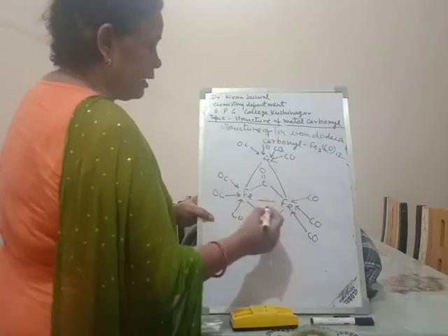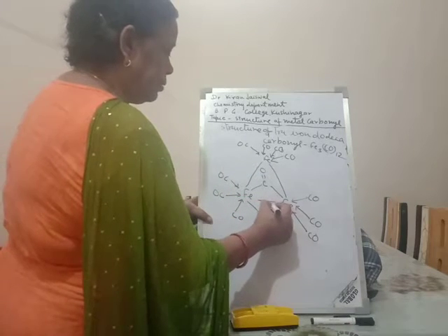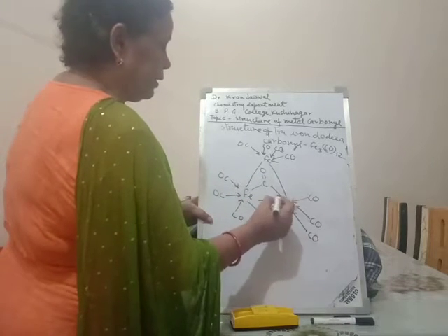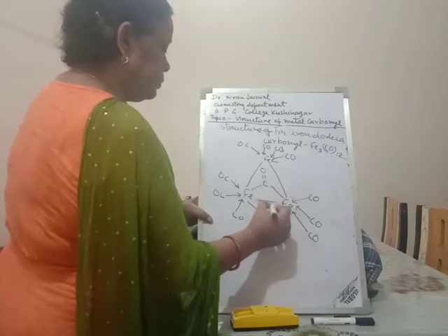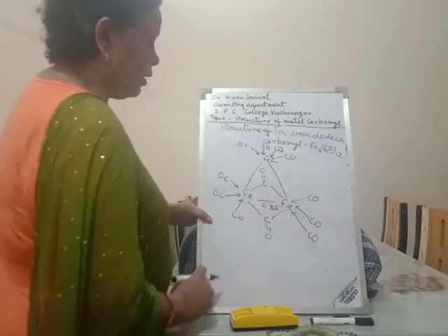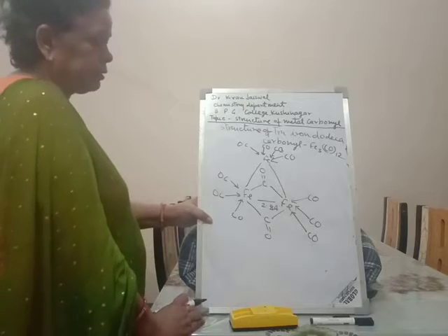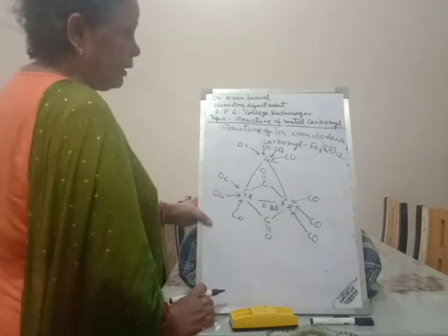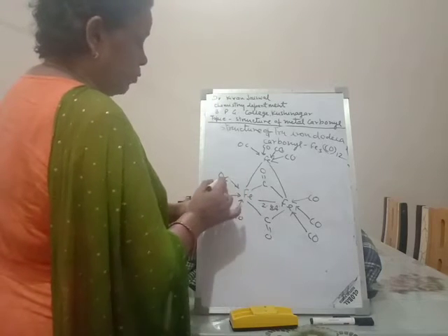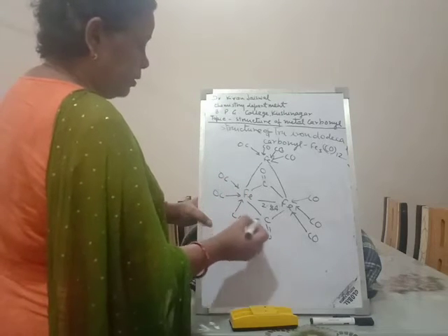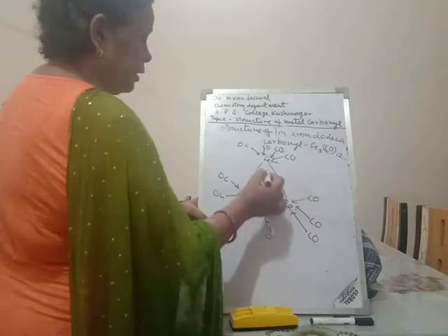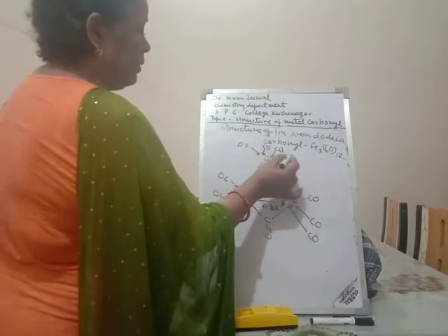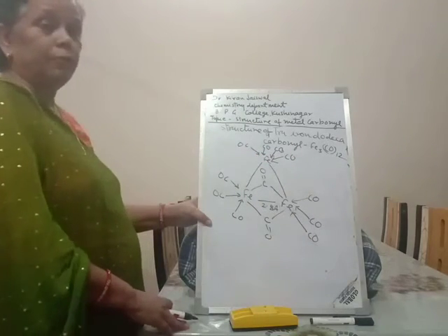The iron-iron bond length is 2.8 angstrom. Here there are 12 CO groups.